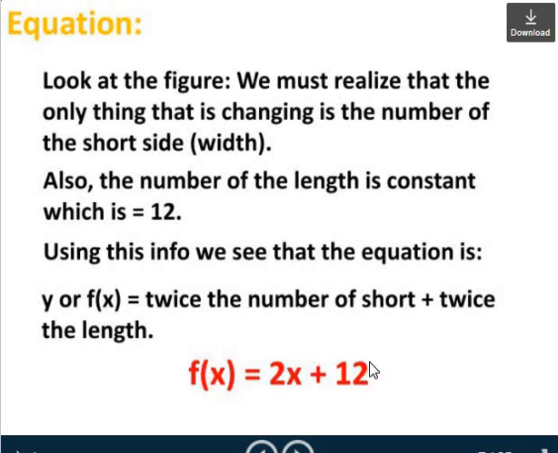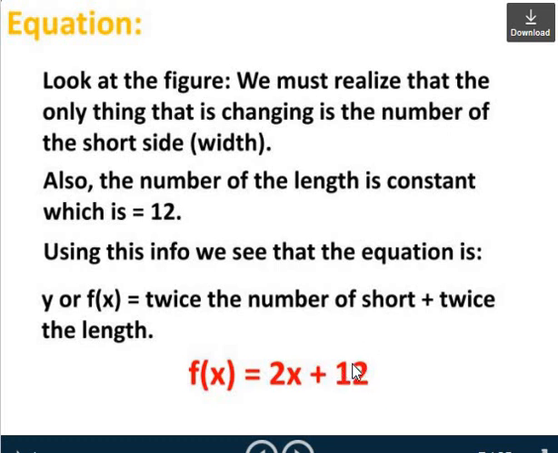Why didn't we change 12? Because 12 is constant. It's not changing. Sorry, the length of the rectangles is not changing. We have only 6. You can see in your book the shapes that 6 is repeated. I have only 6 and 6, which is 12.